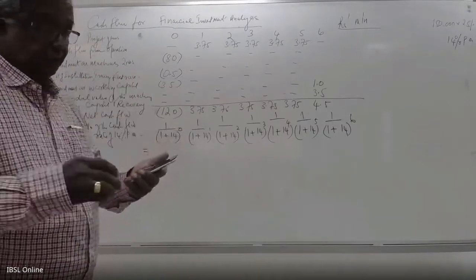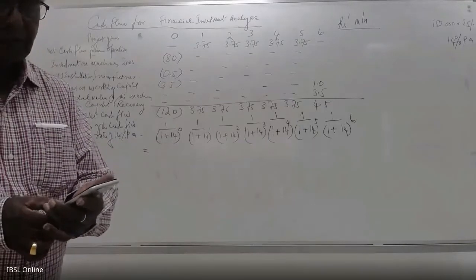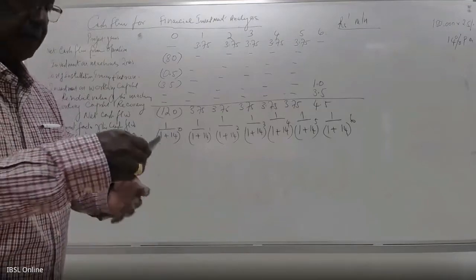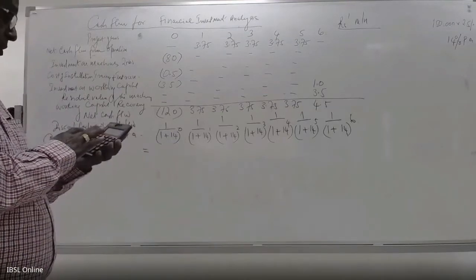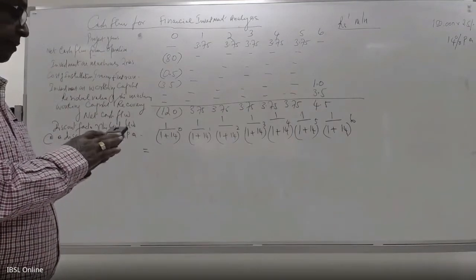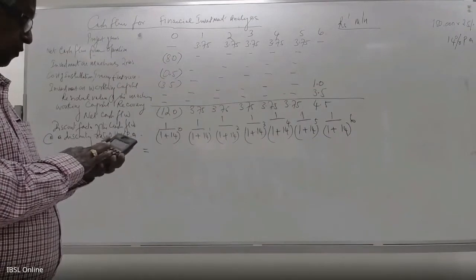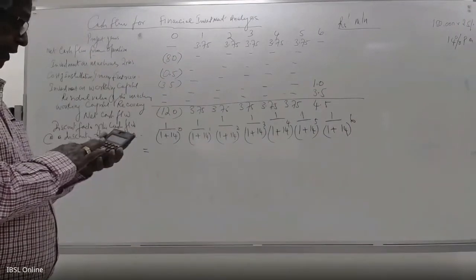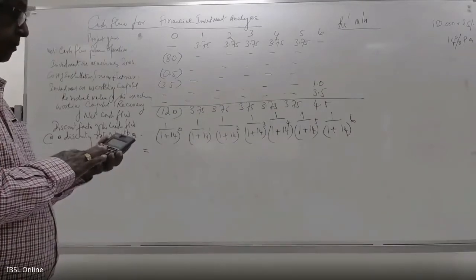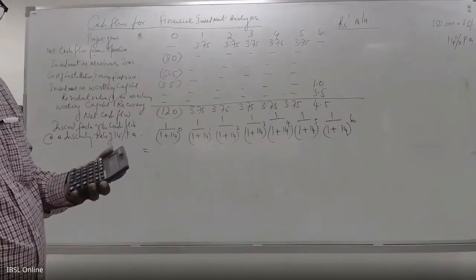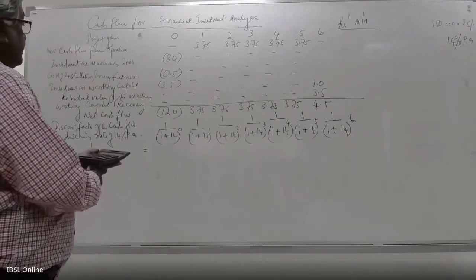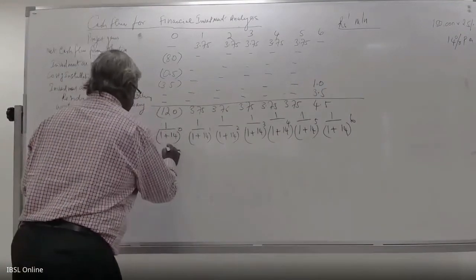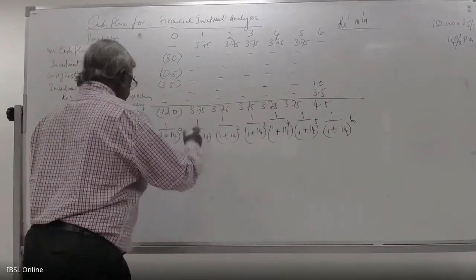Using the normal calculator. Yes, I have the normal calculator now. One divided by 1 plus 0.14, so 1.14. So here in year 0 it is 1, now 1 rupee is 1.